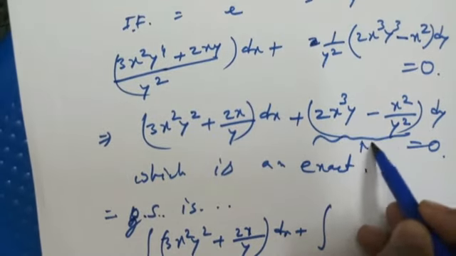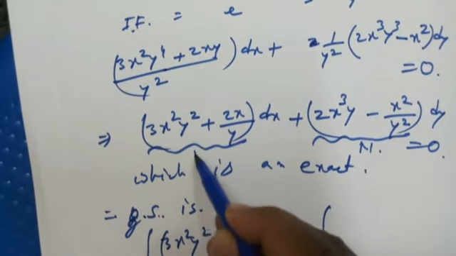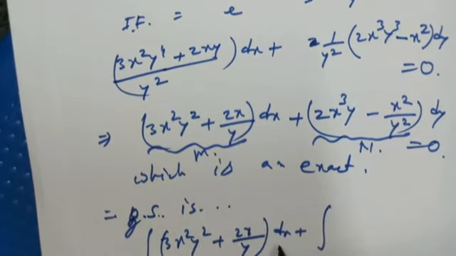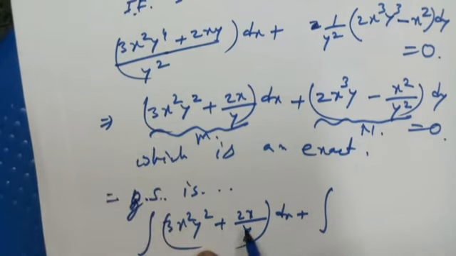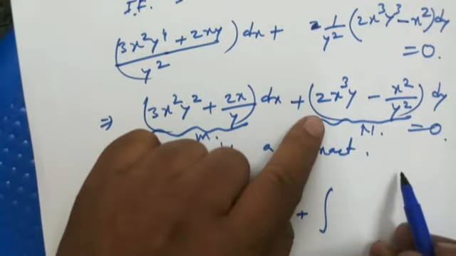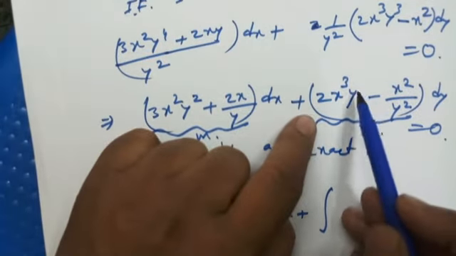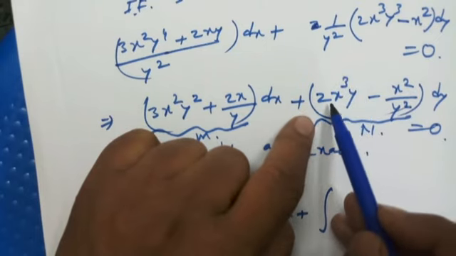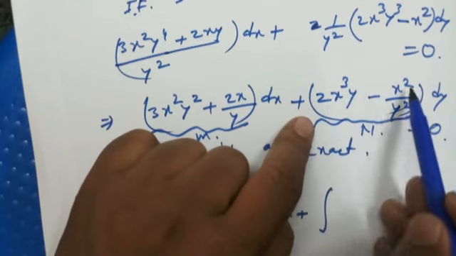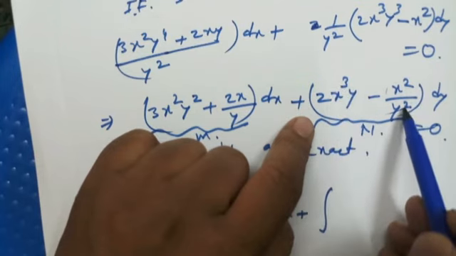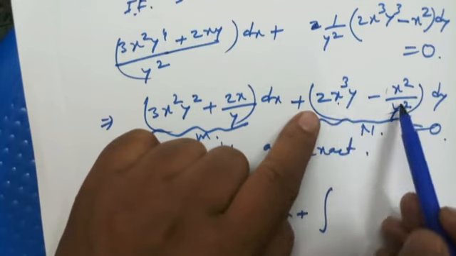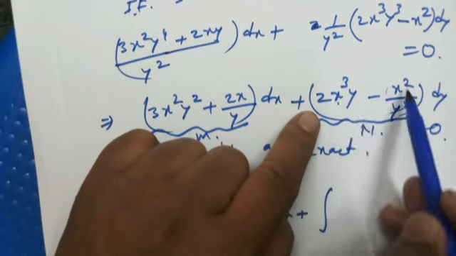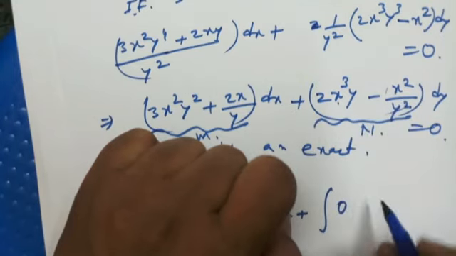This is the n, and this is the m. So integral m dx plus terms of n not containing x. Carefully observe here in the n, terms number 1 and terms number 2 both contain x, so the terms of n not containing x is 0.